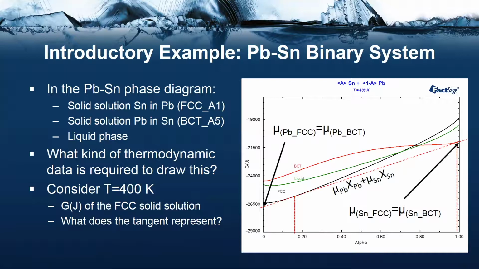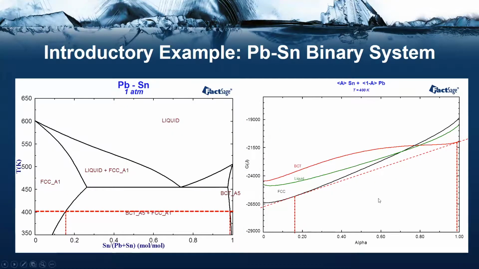If we now go back to the phase diagram, we can clearly see what we have discussed in this slide. This common tangent here spanning between alpha equals 0.18 and alpha equals 0.98 is actually these phase boundaries here that differentiate the single phase region and the two phase region of the FCC, the BCT, and this BCT plus FCC.